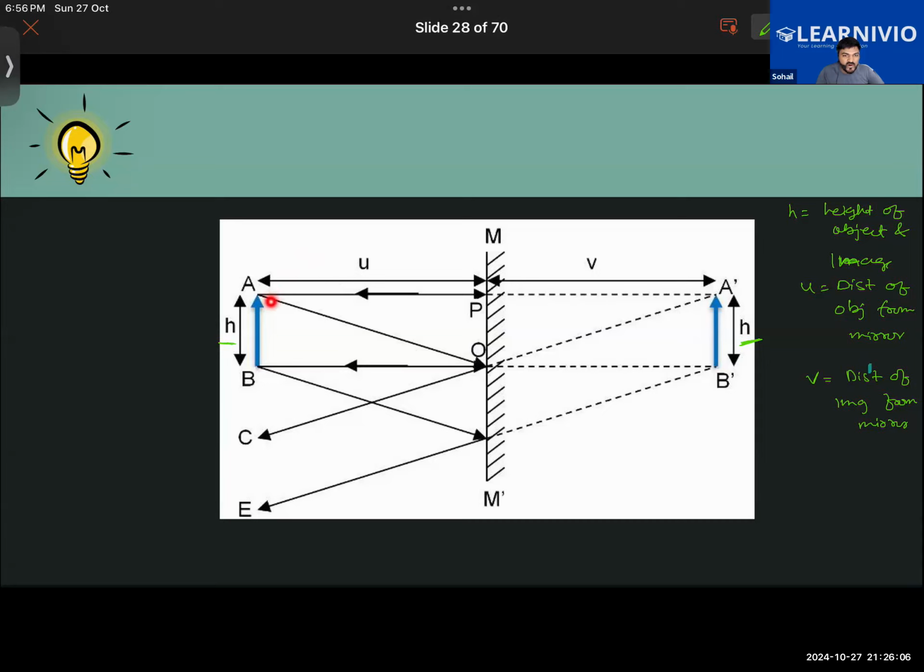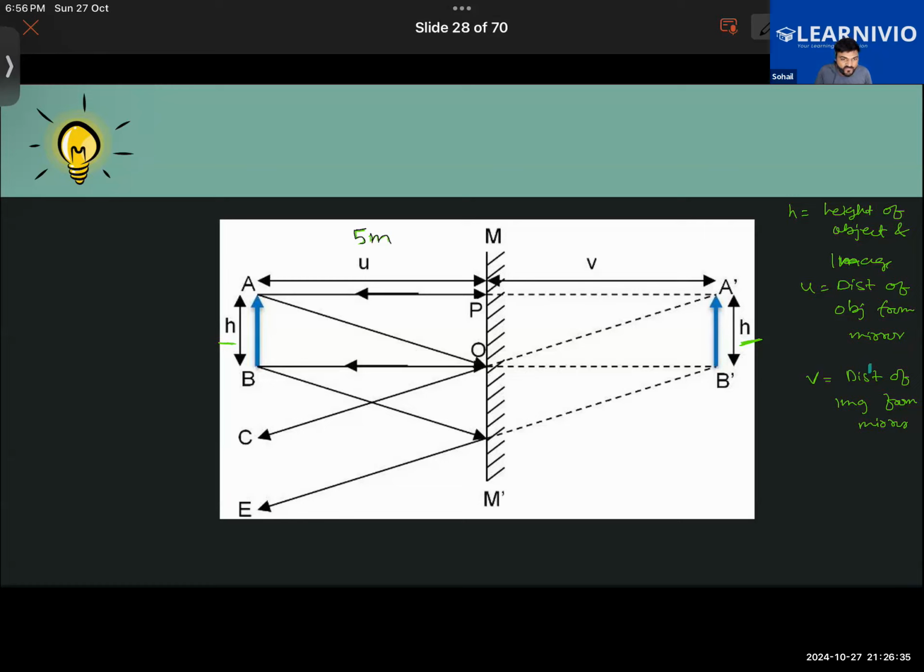If the distance of the object from the plane mirror is 5 meter, it does not mean that the image is formed 5 meter behind the mirror. Getting it, guys? So it is basically a perception, but not practical.